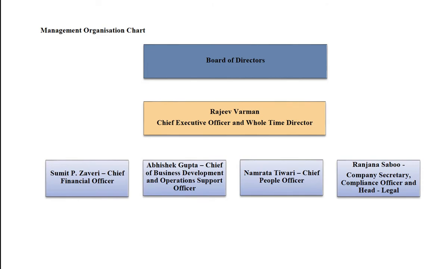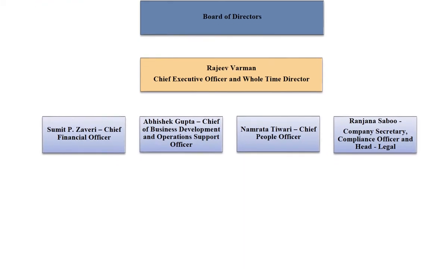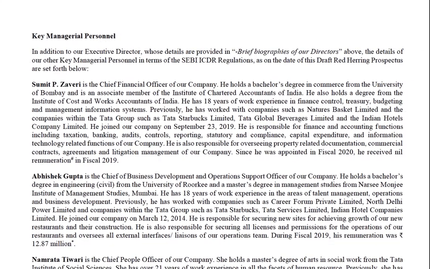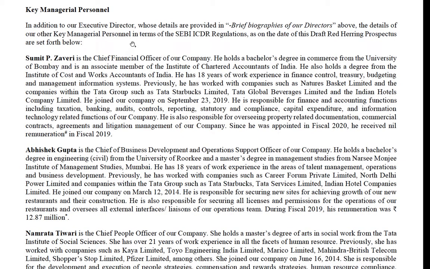We've got a management organization chart, which the company typically gives you. Who are the key managerial personnel? So it's not as detailed as the board of directors, but you'll have a similar sort of bio or a profile of key managerial personnel. Now, key managerial personnel are typically those employees who hold a fairly high ranking or a high profile sort of engagement.